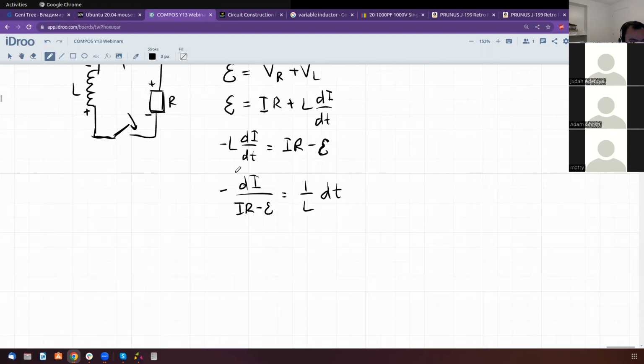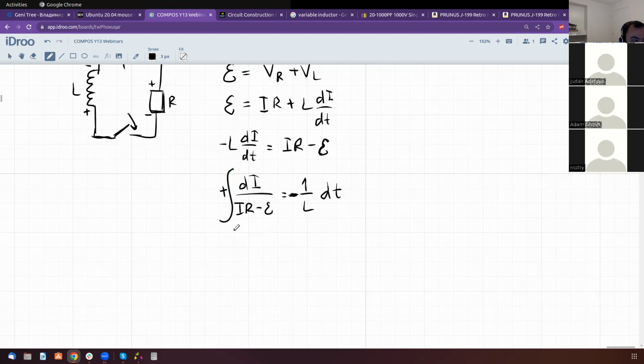Now, this integral is much harder than this one. I'm going to put the minus here and make this plus. Just multiply by minus 1. I'm allowed to do that, obviously. So this is an easier integral, so I won't get confused with the minus. So now I integrate it.